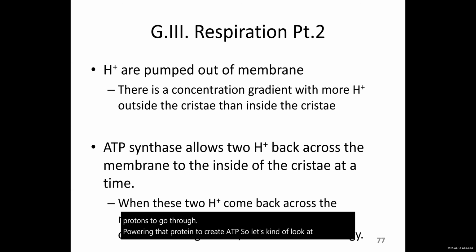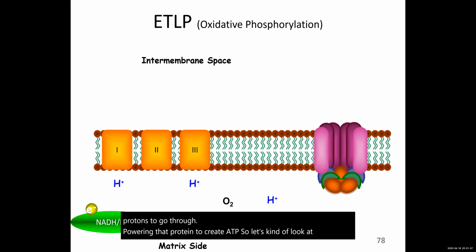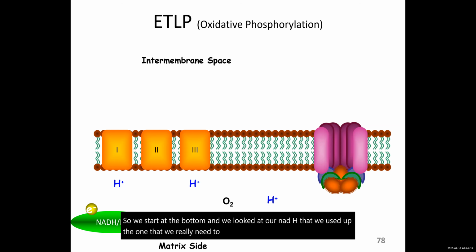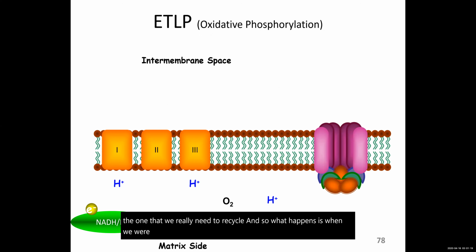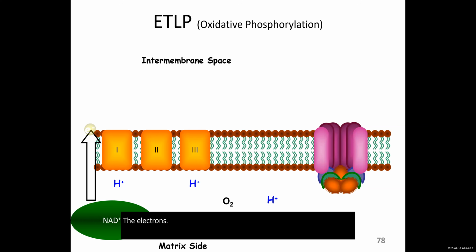It makes a little bit more sense in pretty pictures. So we start at the bottom and we look at our NADH that we used up, the one that we really need to recycle. And so what happens is when we recycle it, we strip off the electrons, converting it back to an NAD. And that guy is recycled and ready to go. However, those electrons need to be transferred somewhere.